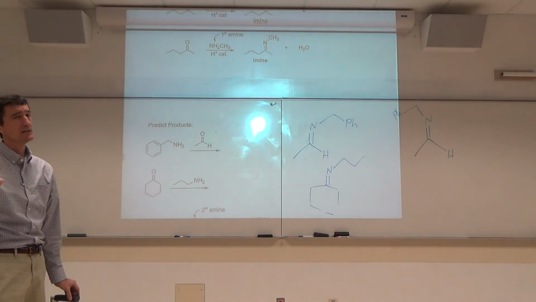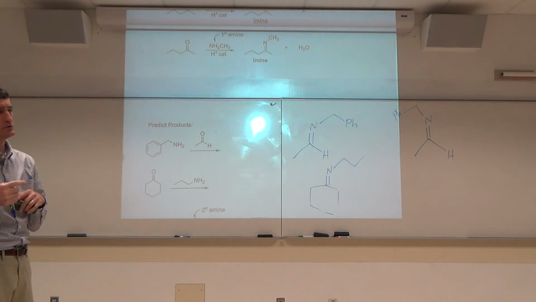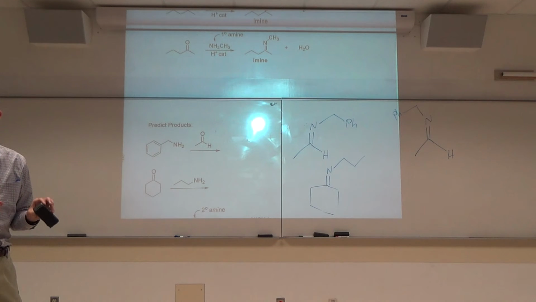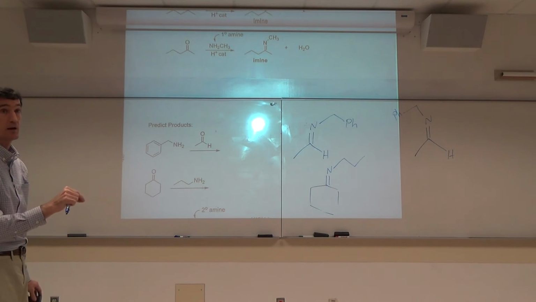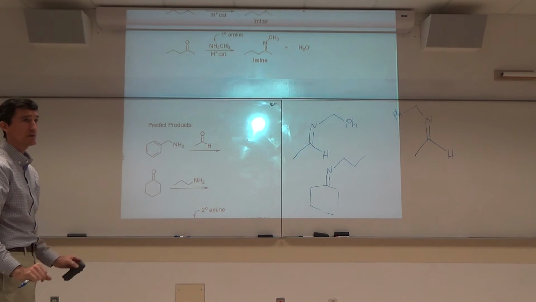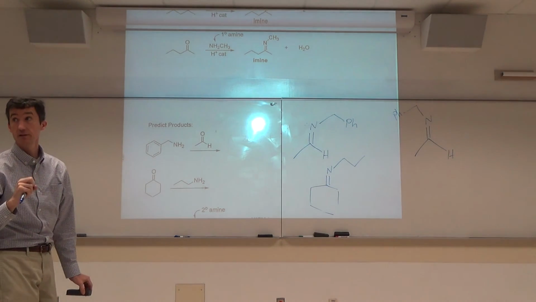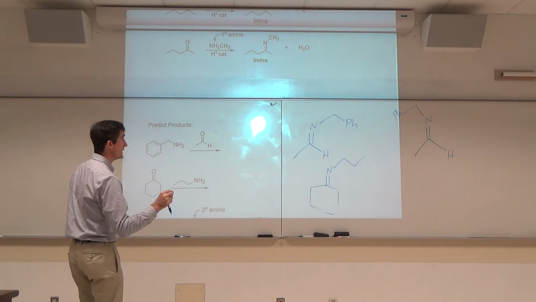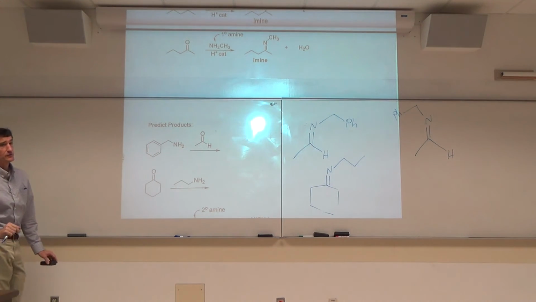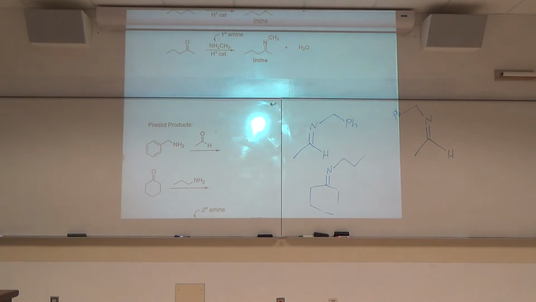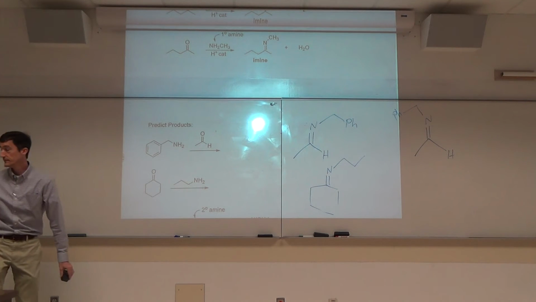Usually when you make the Wittig, when you recrystallize, you only get 1 diastereomer, and your TLC shows only 1 spot. But before you recrystallize, you will see 2 spots, and that will be the cis-trans diastereomers of your alkene. Okay, so imines can have cis-trans, but not the one on the bottom.